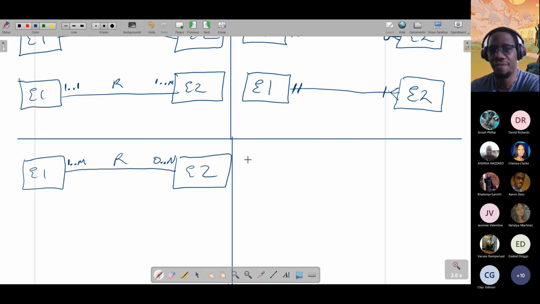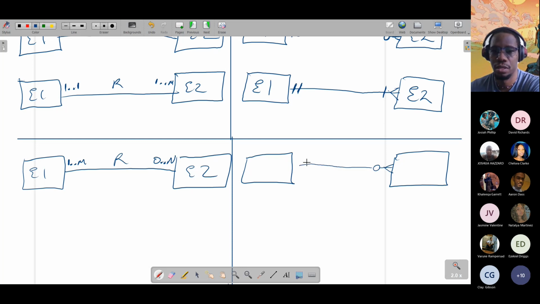All right? So if it is that we see this relationship as a crow's foot notation, okay, we'll have our circle, and this is entity 1 and entity 2.